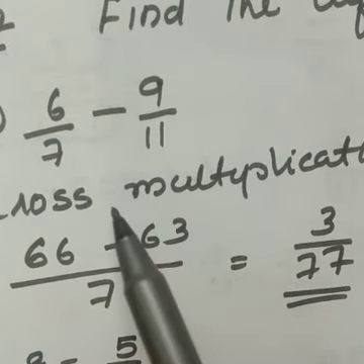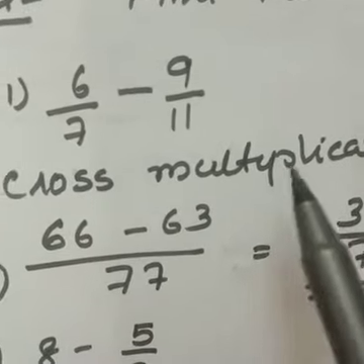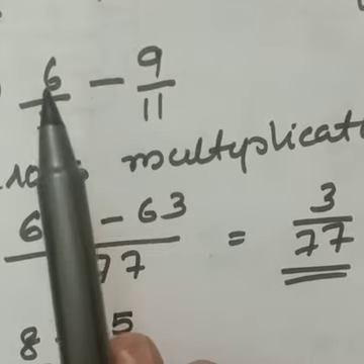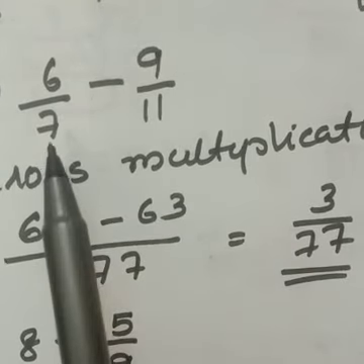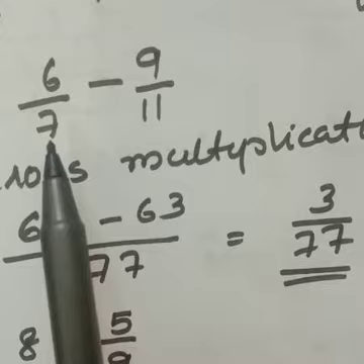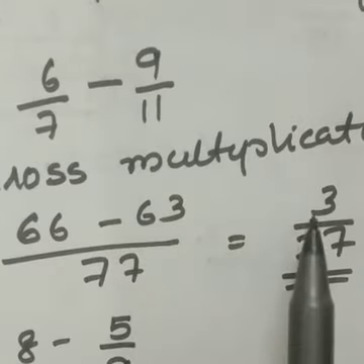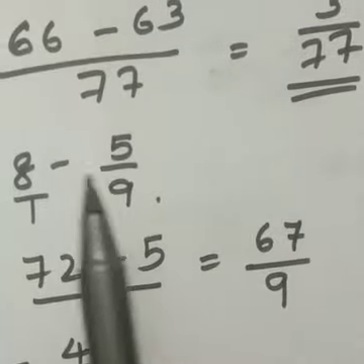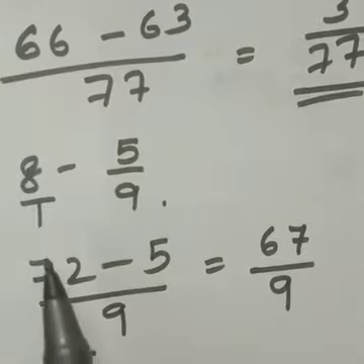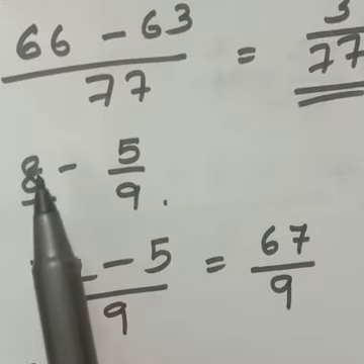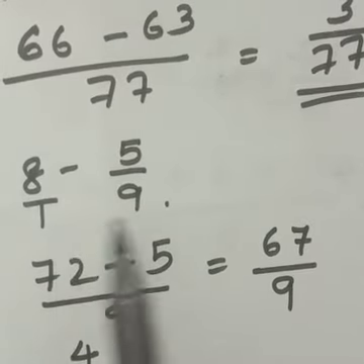6 by 7 minus 9 by 11. Cross multiplication method I have taken because the numbers are small. 6 11s are 66, 7 9s are 63, 7 11s are 77, subtract. Okay, here also cross multiplication, 9 8s are 72, 1 5 are 5, 8 meaning 8 by 1 only.